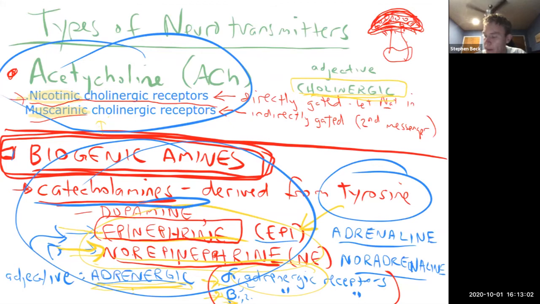Would adenosine be a peptide? No, it's a nitrogenous base. It's a purine and a ribose. Yeah, so the peptides are amino acids connected with peptide bonds. So a peptide is a few amino acids connected with peptide bonds.